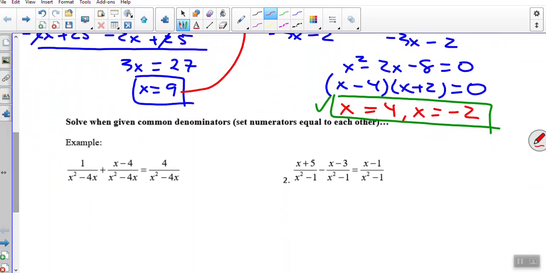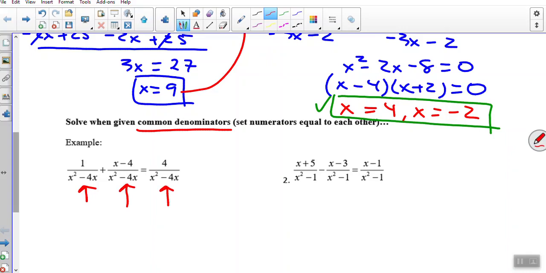It's a little more involved, but try to keep the basic principles in mind. If you're going to add and subtract fractions, you have to have a common denominator. You look at all these denominators, they're all the same, so we can go ahead and add and subtract as we want.